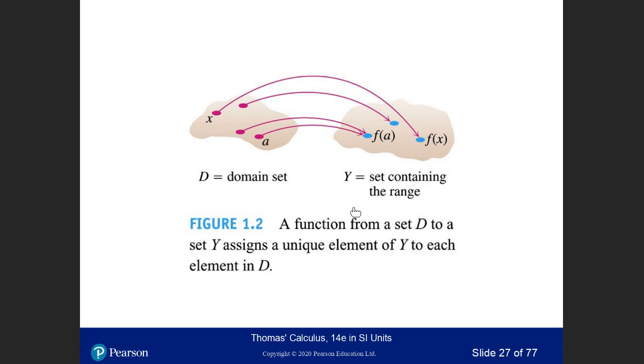The important thing here is that y should be unique for every x. I mean, the function f should not create two values of y for a given x, just one. That's another pictorial representation for the function.